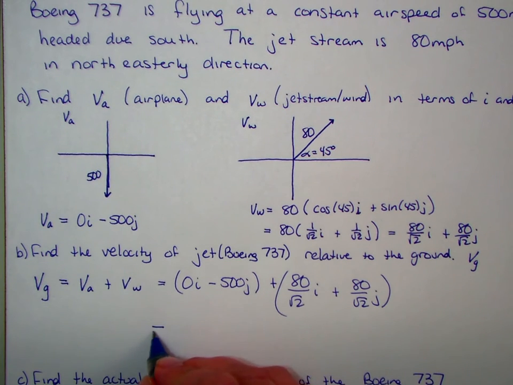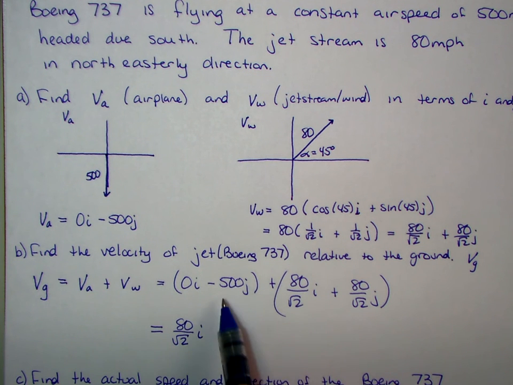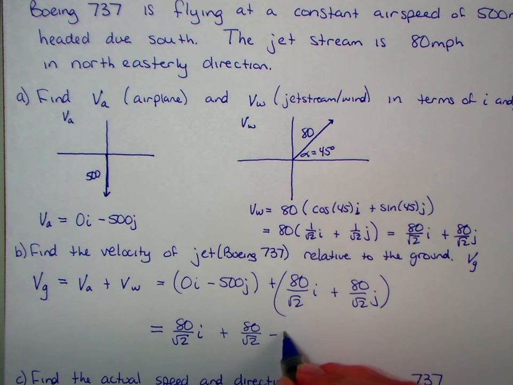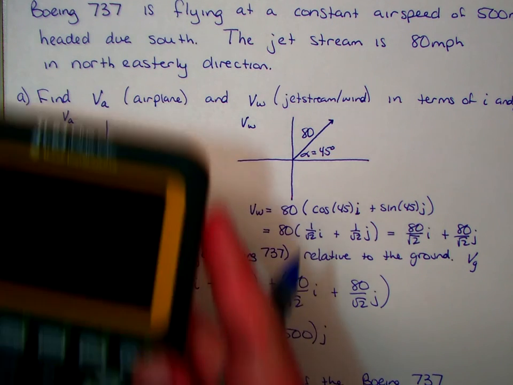If we add our i components together, we get 80 over rad 2 i. And if we add our j components together, we get 80 over rad 2 minus 500 j. We can work out a decimal there if we wanted.